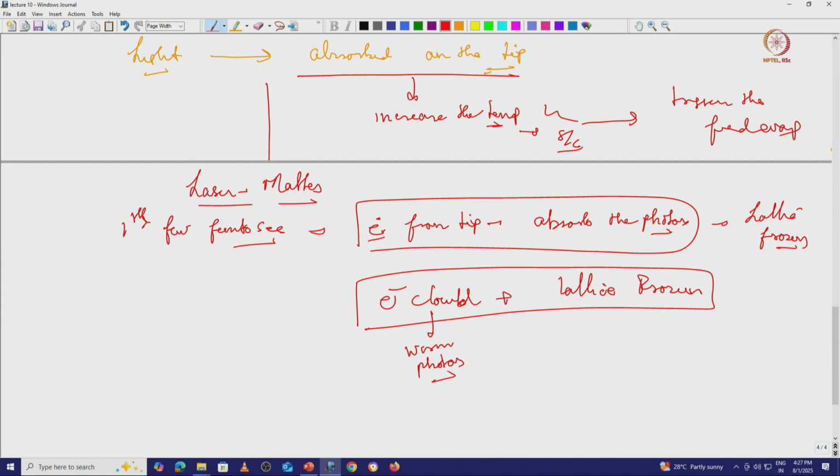And this system, electron cloud plus frozen lattice, is not in equilibrium. So what will happen?